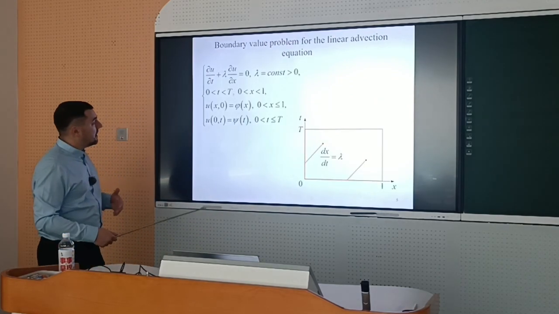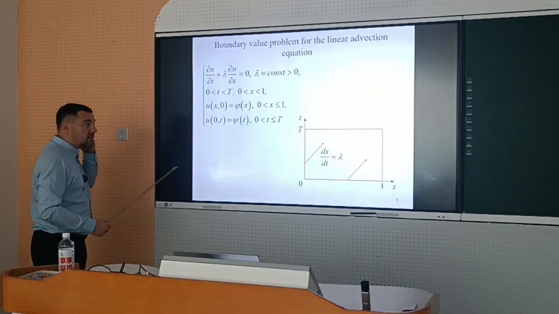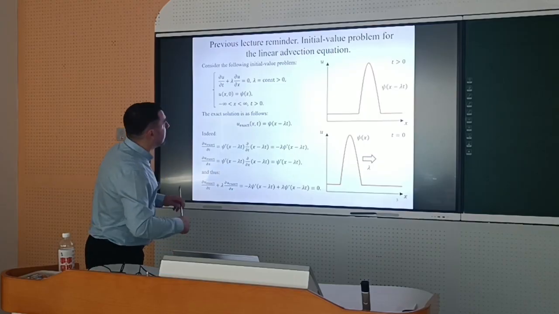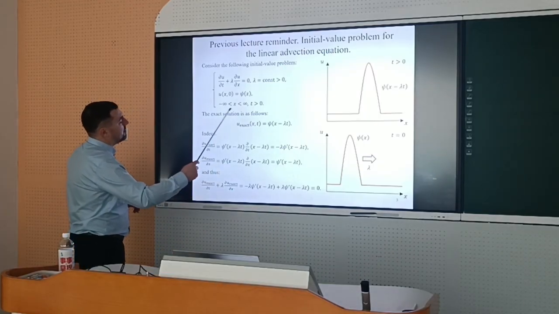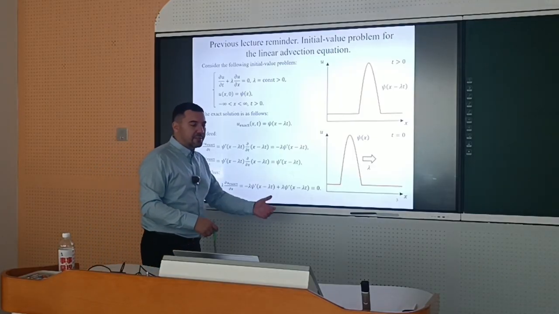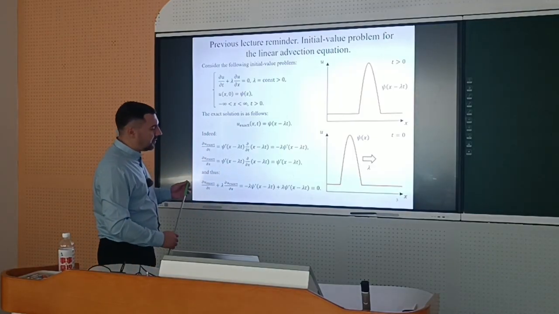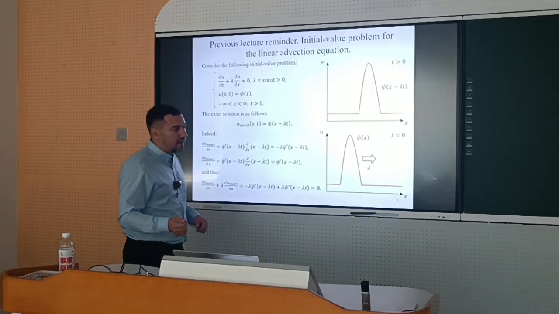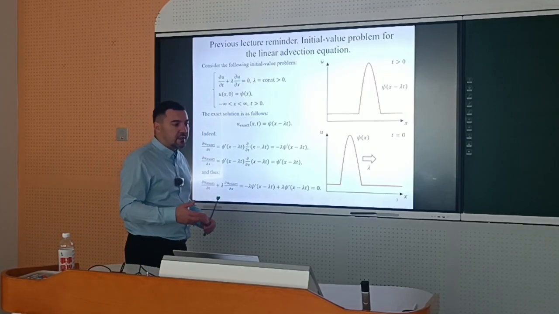Now the first issue is that this was for an initial value problem, so we didn't have any boundaries here. But in real simulations we always have boundaries, and that is why we also have the problem of setting boundary conditions.